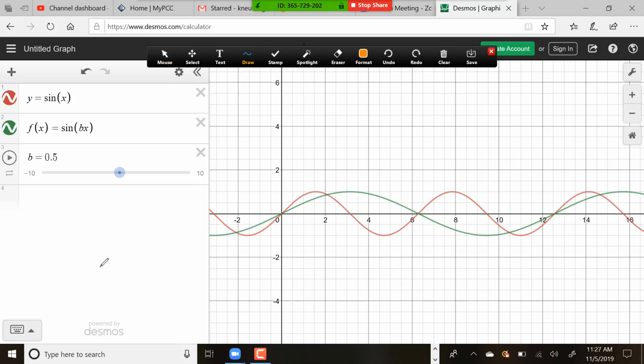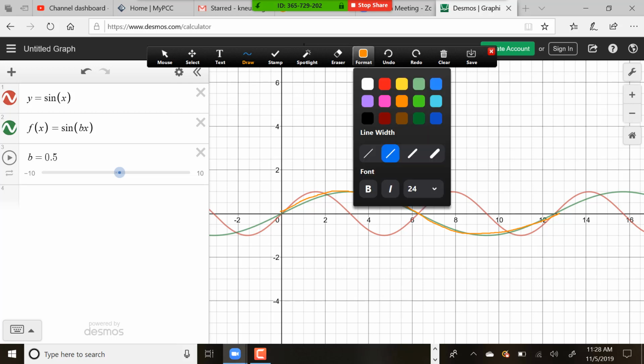It's taking longer because the b is less than 1. It's going from here all the way over to there for our green one, our new one, to actually make one of those waves. Now let's look at how many of the waves of the original one happen in that time. So I'm going to change colors here.